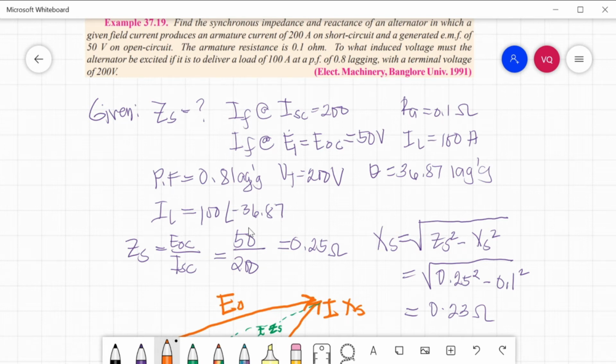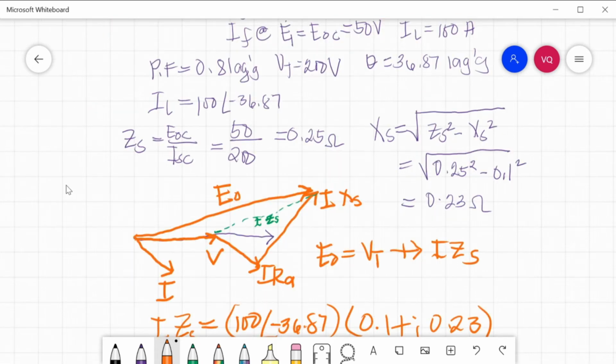We can solve synchronous impedance equal to open circuit voltage divided by the short circuit current. That is 50 divided by 200 equal to 0.25 ohm. So we can solve now the synchronous reactance equal to the square root of synchronous impedance squared minus RA squared.